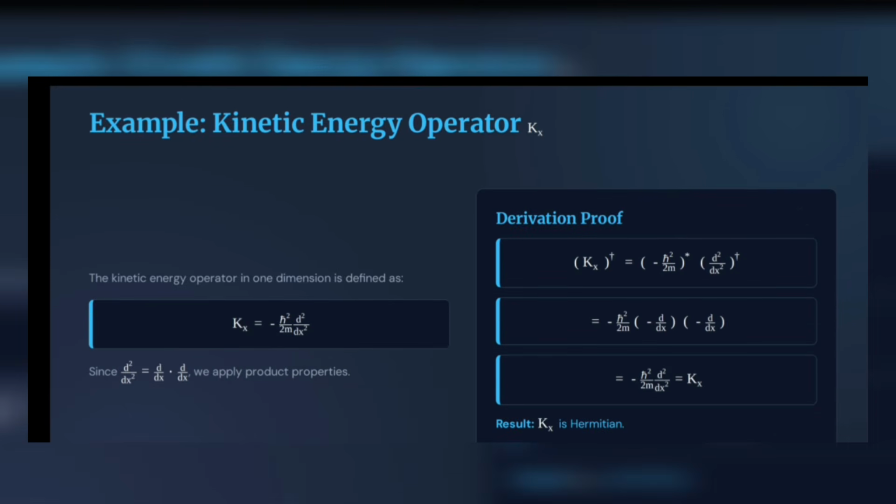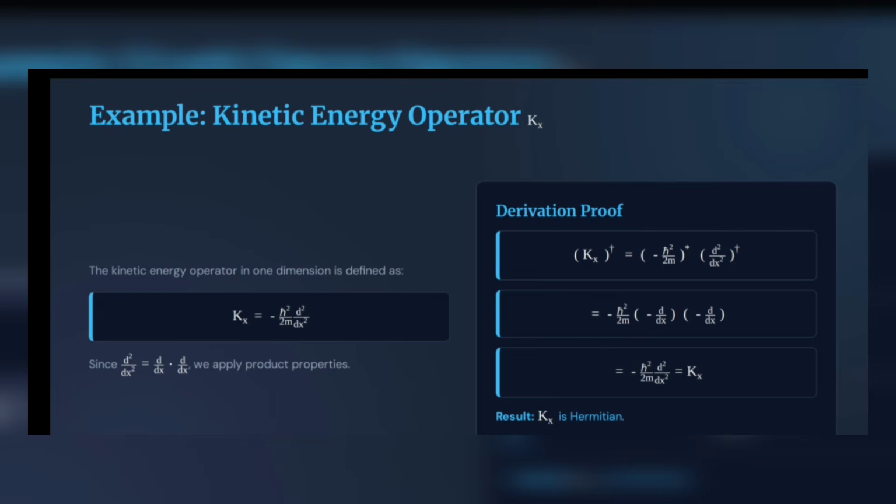Next, look at the 1D kinetic energy operator, kx equals minus h cut square by 2m d square by dx square. Since d square by dx square can be split into d by dx dot d by dx, applying our product and derivative properties yields kx dagger equals minus h cut square by 2m star (d square by dx square) dagger.